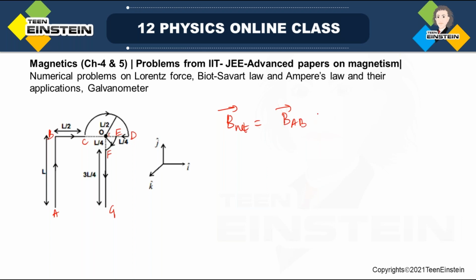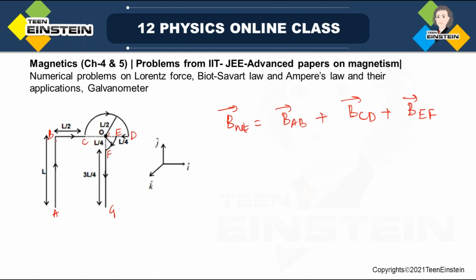This will actually contribute non-zero magnetic field at O. This CD also will contribute to the point O. And another component we have seen, this EF. These are three.